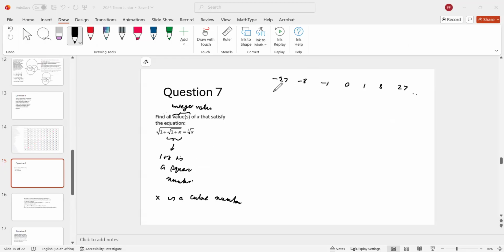When you add 1 to these, you get minus 26, minus 7, 0, 1, 2, 9, 28, and so on. And none of these are squares. This is not a square, but this is, and that is not.